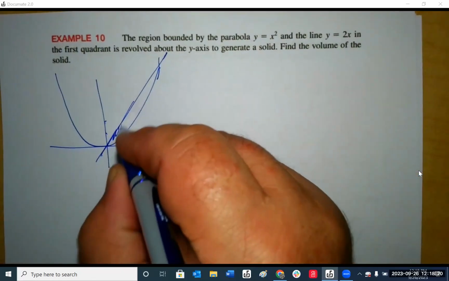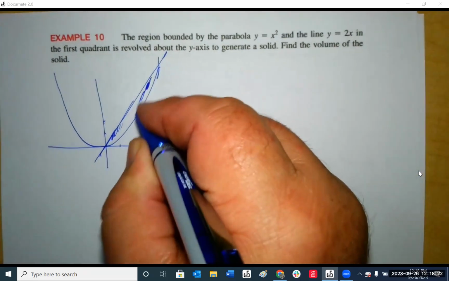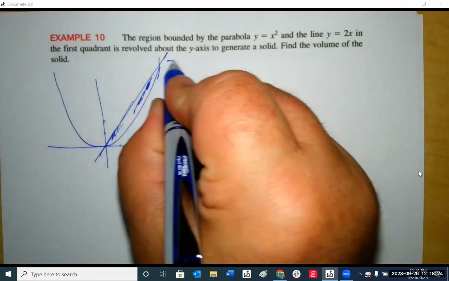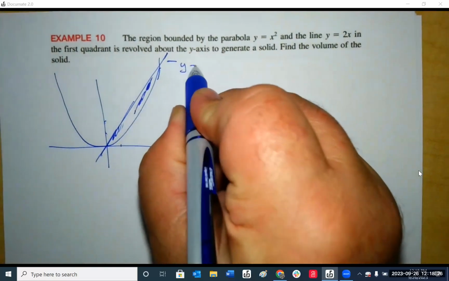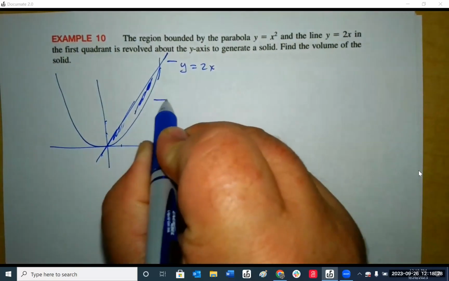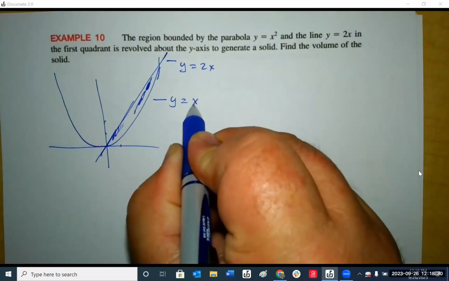We want this area here. So that one is y equals 2x. This one is y equals x squared.